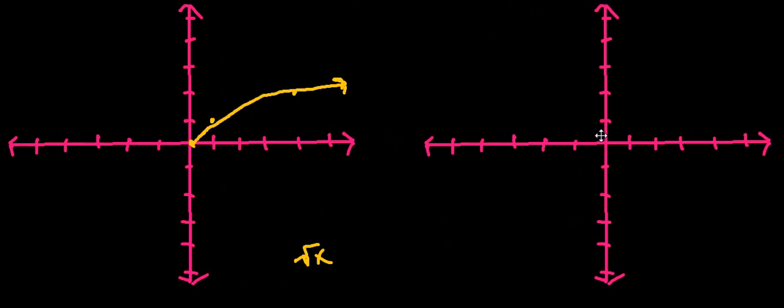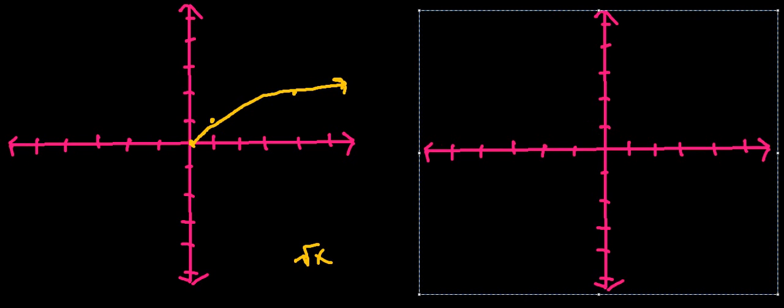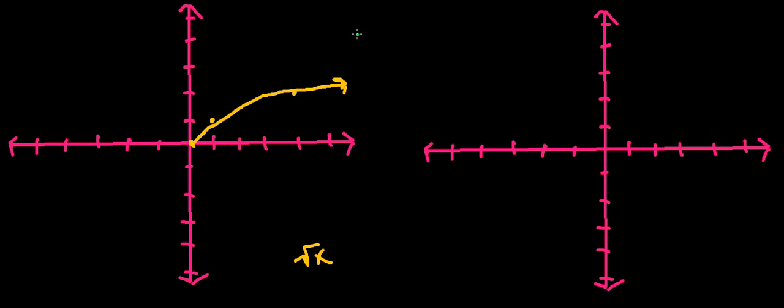And it looks just like that. Now over here, we're going to have the graph y is equal to 4 times the square root of 2 minus x.